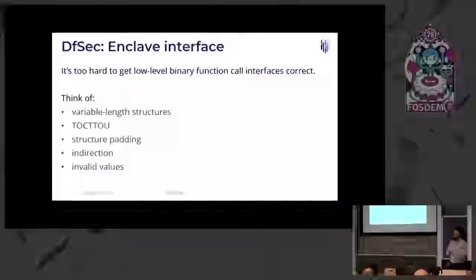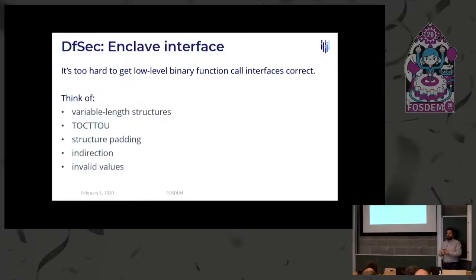If you use a binary function call interface, like the C calling convention, or even the Linux syscall calling convention, it's very hard to get these things correct. You can have variable length structures, time of check to time of use issues, padding issues, and things like that.